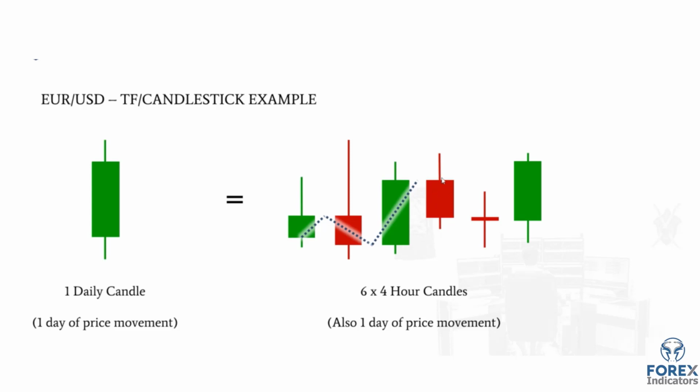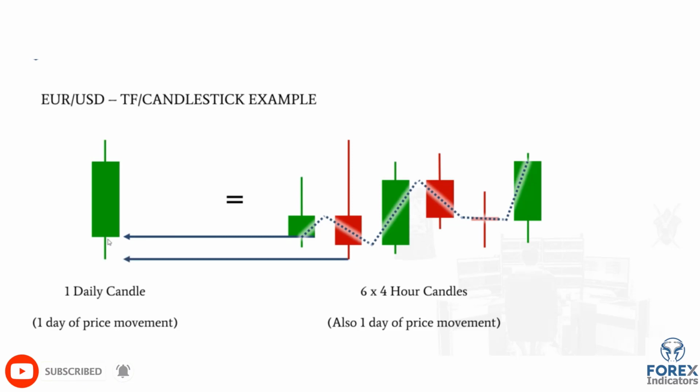Open up here, move within this price range, close down here, bearish candle. The 5th 4-hour candle, there was not much change. And then you have the 6th and last candle, which opened down here, moved within this price range, and closed up here at the top, so a bullish candle. So if you now look here, the open of the first 4-hour candle in this series was also the open of the daily candle. The lowest low made in this series of candles represents the lowest low of the daily candle, right?